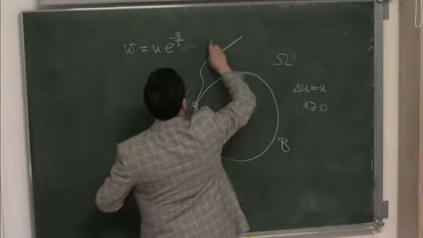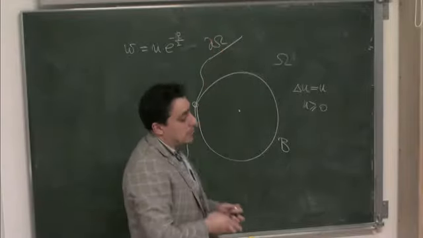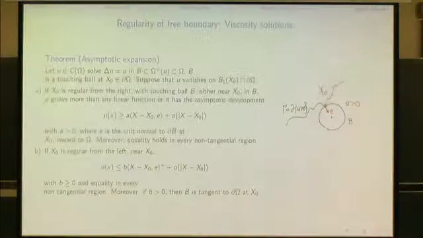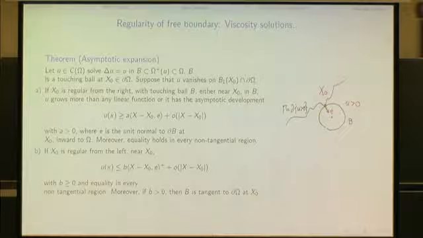It's a fairly general theorem. Then your U either grows faster than any linear function, or you're going to have this estimate. So in our case, because we know that our solution is Lipschitz, the first alternative is eliminated, so you're going to have only this asymptotic expansion.